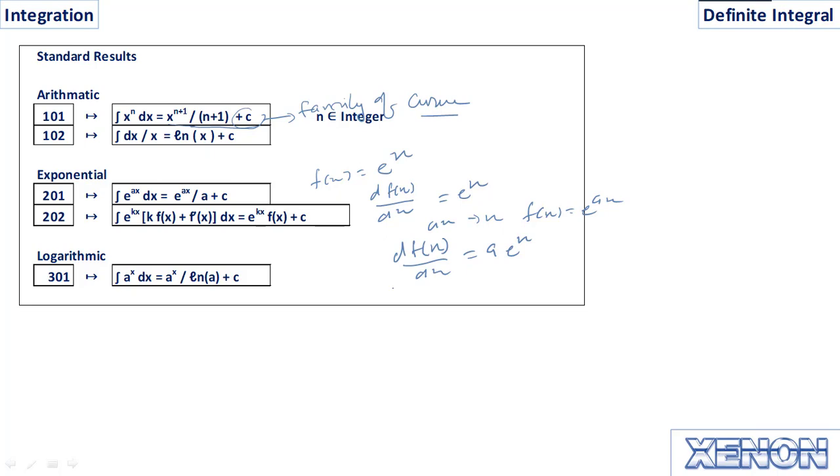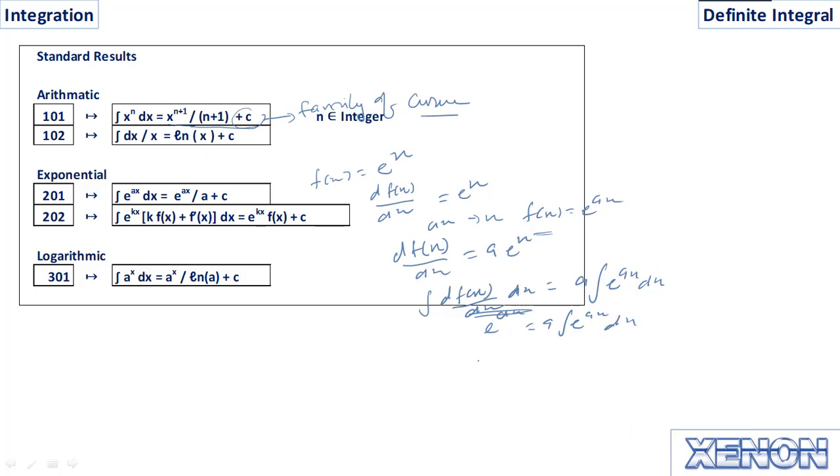Now integration of df(x) upon dx with respect to dx equals a into integration of e to the power ax dx, right? So here we will be getting f(x), and it is e to the power ax equals a times integration of e to the power ax dx.